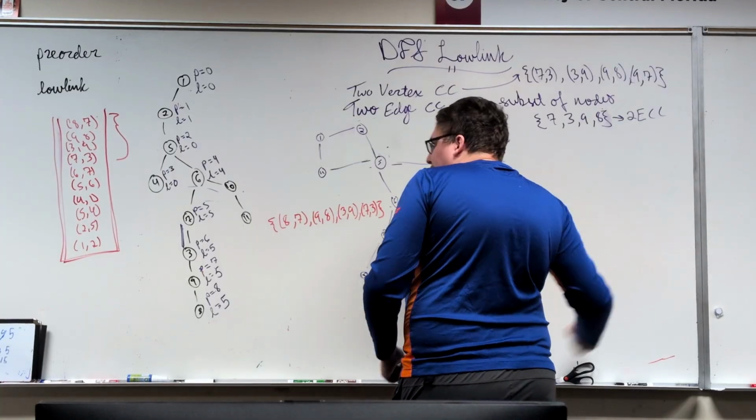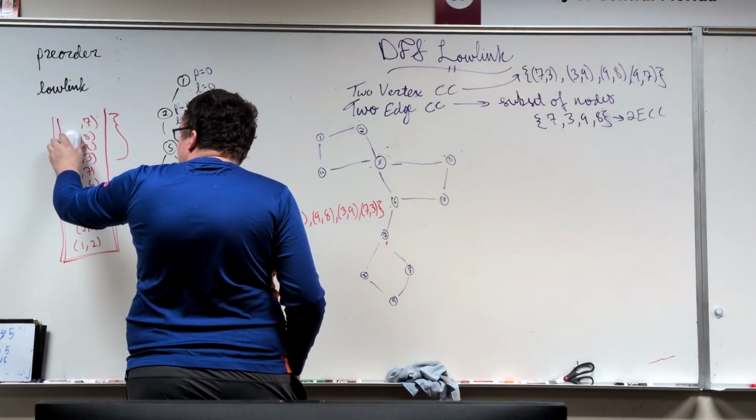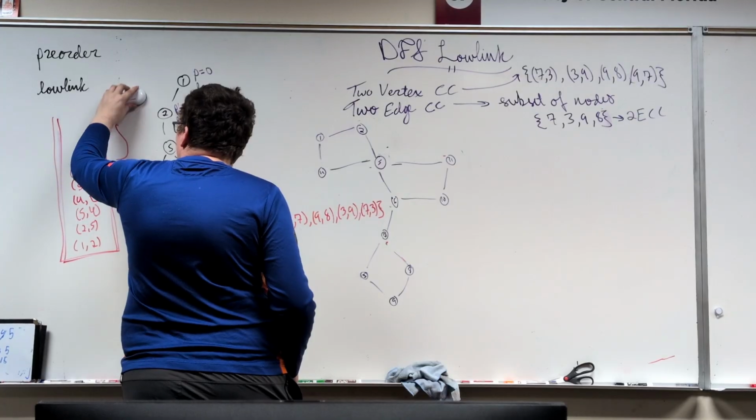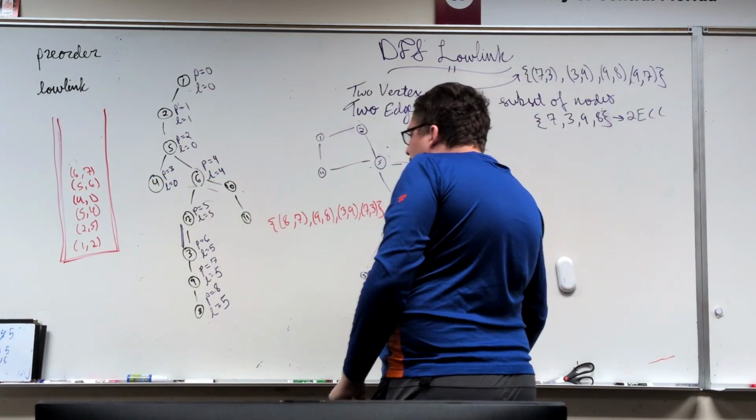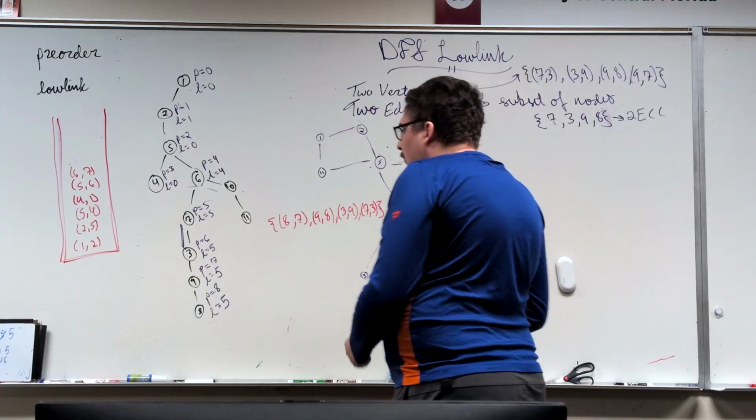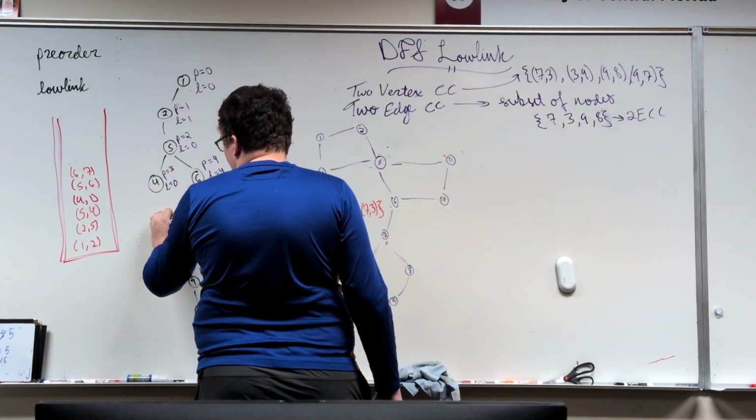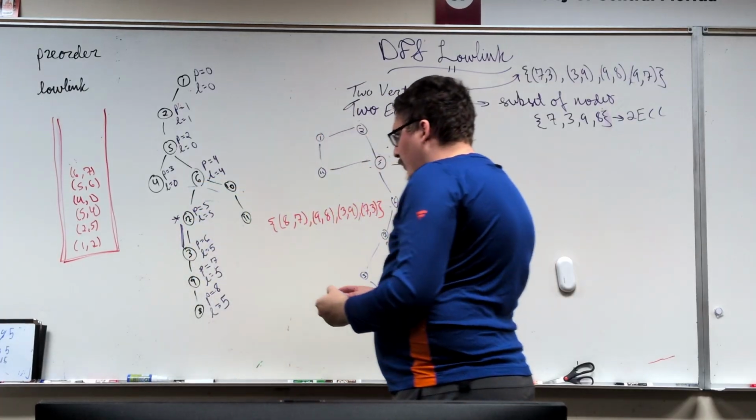So all of these edges form our new 2 VCC. We pop those from the stack. And because we did this, we can mark 7 as an articulation point.